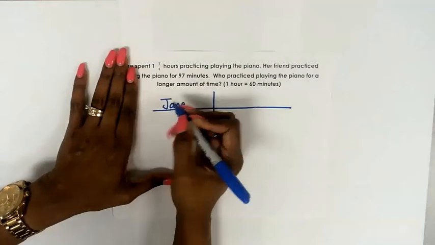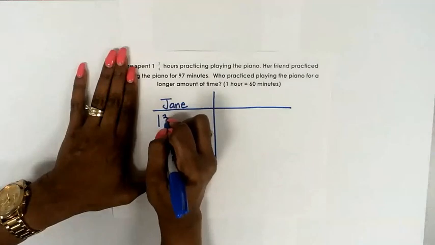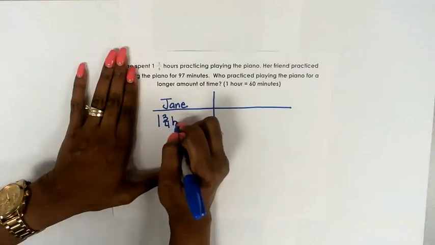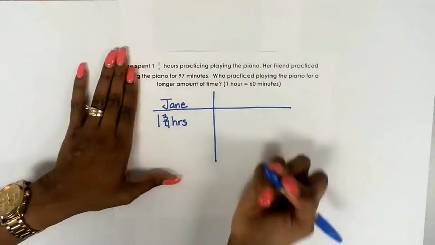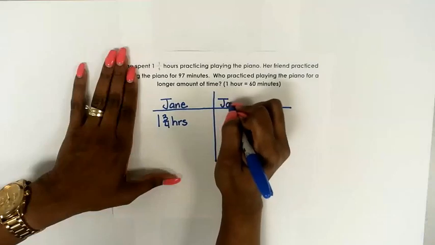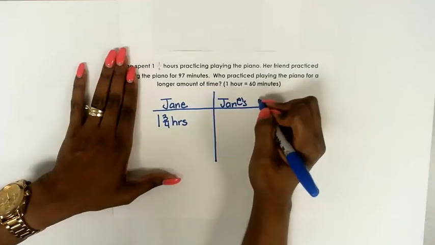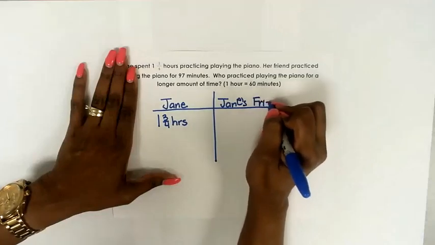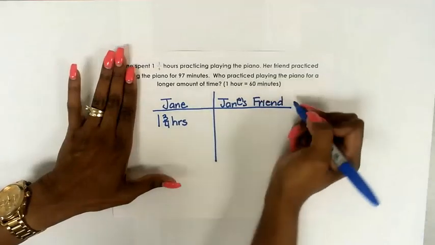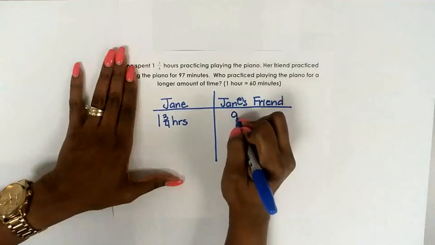Jane practiced the piano for 1 3/4 hours. Jane's friend practiced the piano for 97 minutes.